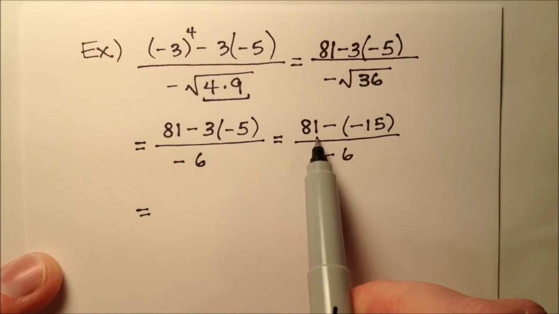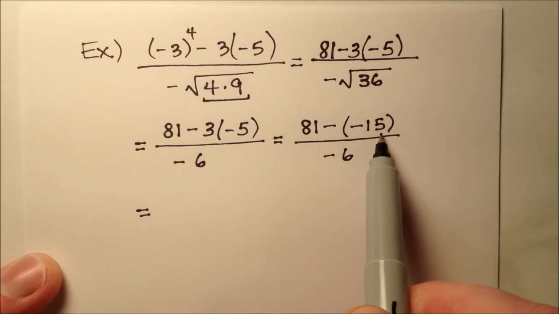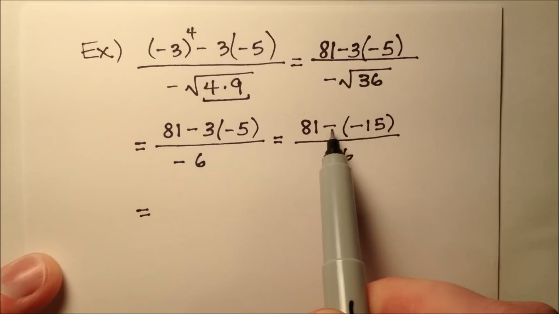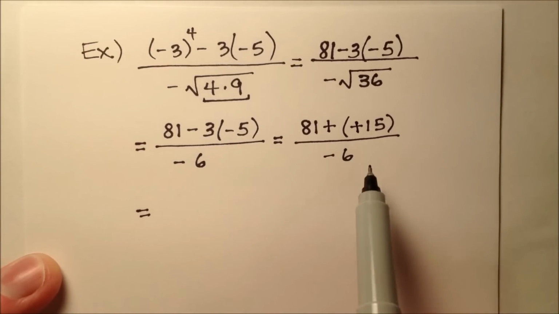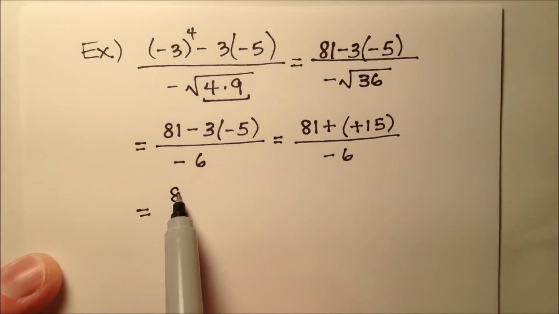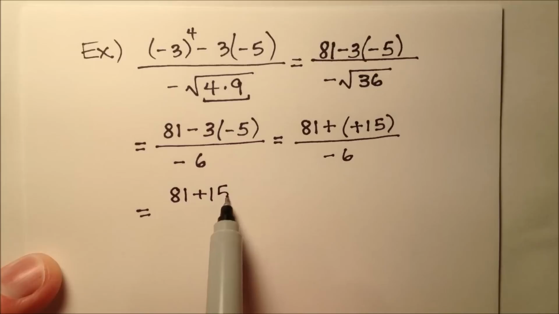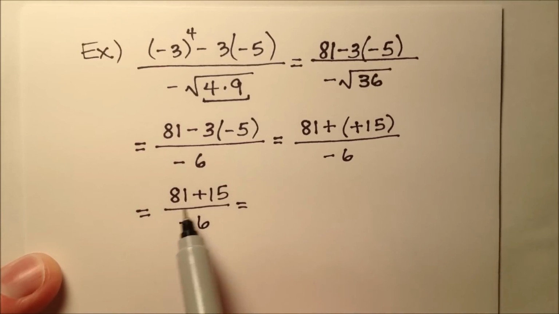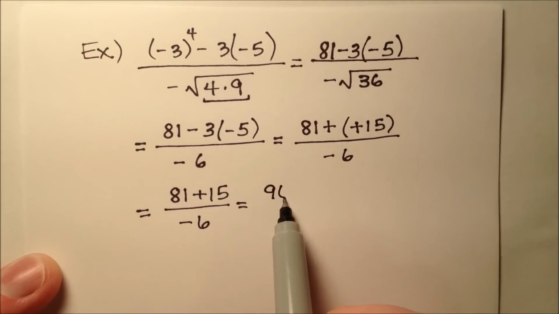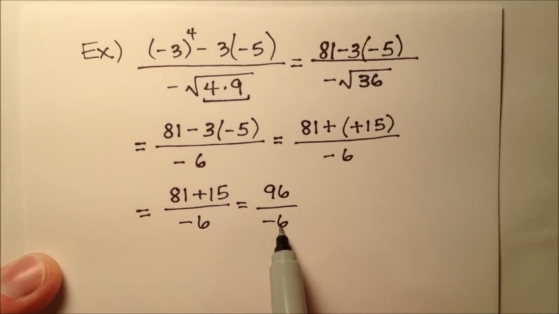And it looks like we have 81 minus a negative 15. Well, whenever we have two negatives right there, the negatives are going to cancel and make a positive. So it's going to be 81 plus 15 over negative 6. And 81 plus 15 is going to be 96 over a negative 6.